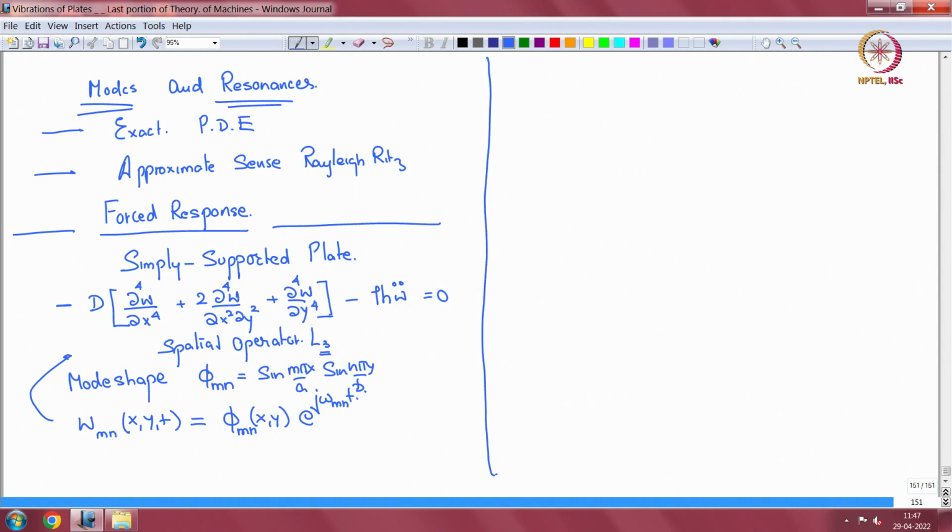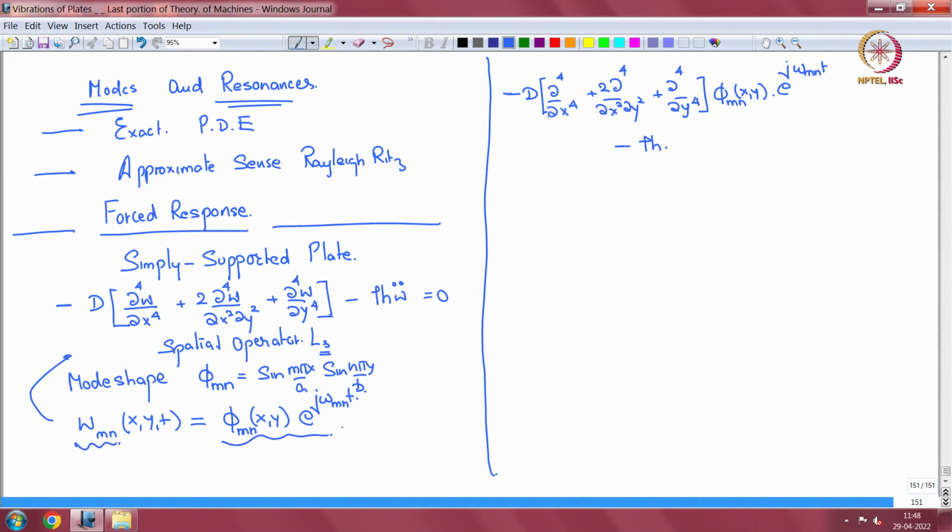what I will get first is minus D times del 4 by del x4 plus 2 del 4 by del x square del y square plus del 4 by del y4 operating on phi mn of x, y, with the time term e to the power of j omega mn t, minus rho h w double dot.